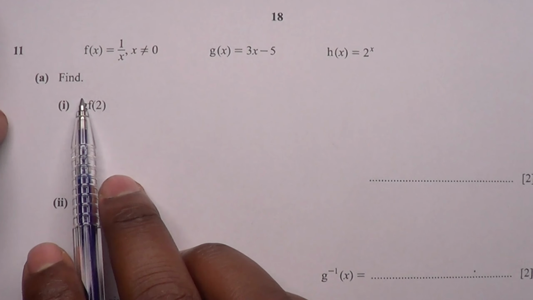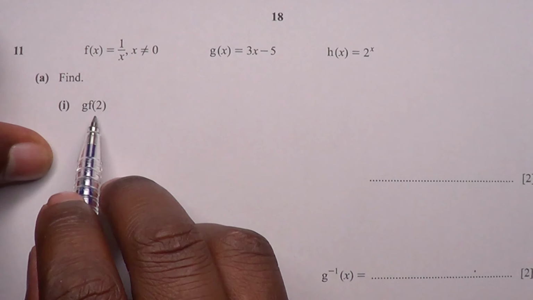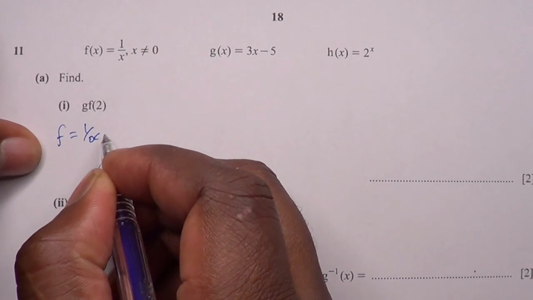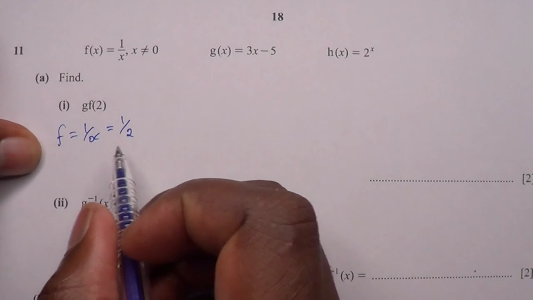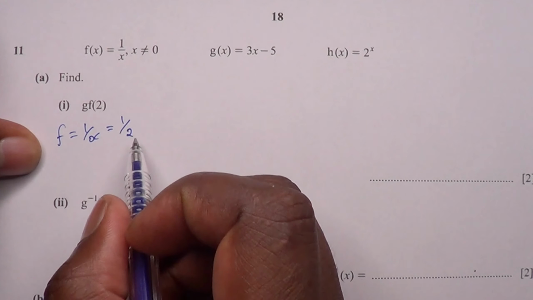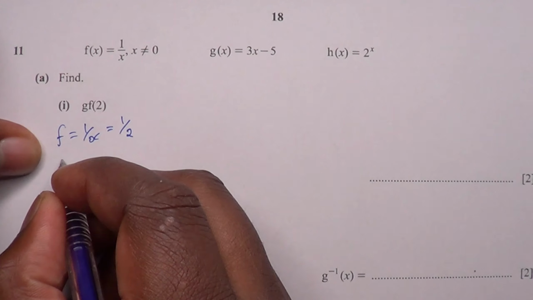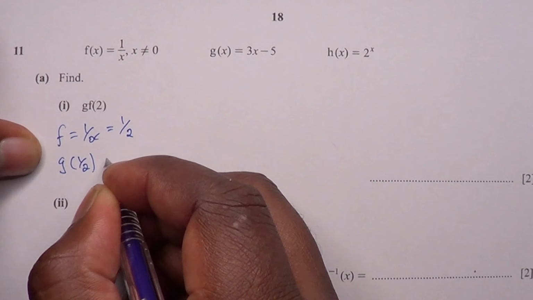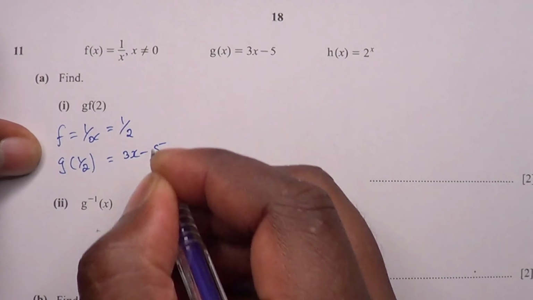The composite functions, first of all, we are given gf into 2. Then you can see here f is 1 over x. So at this point it is going to be 1 over 2. Again we have g here. Now it will be g into 1 over 2, remember we have 3x minus 5.